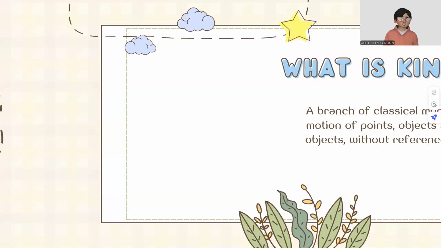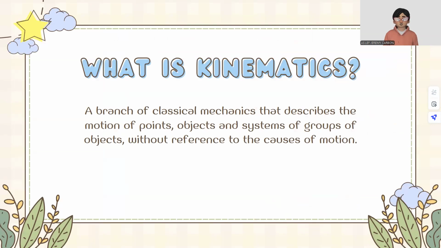Now, what is kinematics? Simply put, it is a branch of classical mechanics that describes the motion of points, objects, and systems of groups of objects without reference to the causes of motion. These causes of motion are things like forces, gravity, friction, and of course, tension.